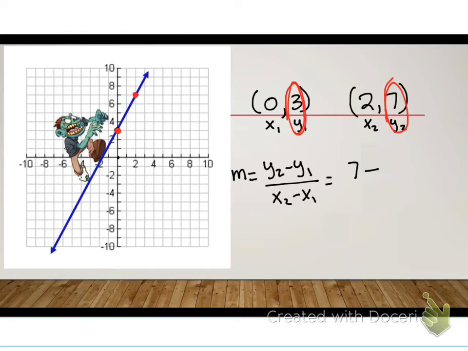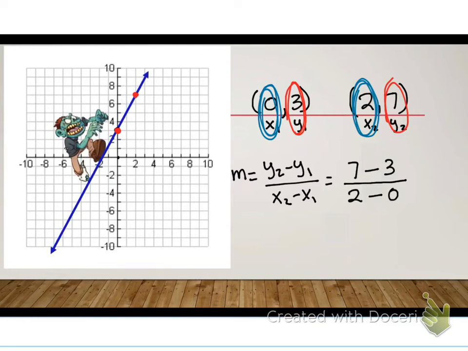So 7 minus 3 over x2, which is a 2, minus our x1, which is a 0.